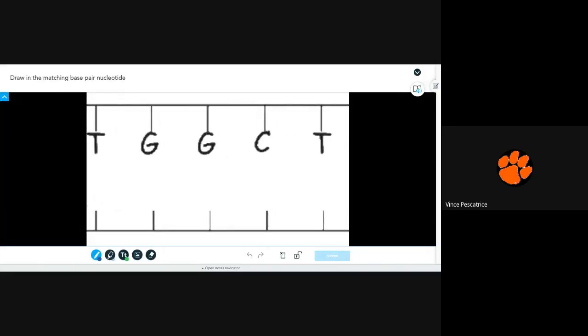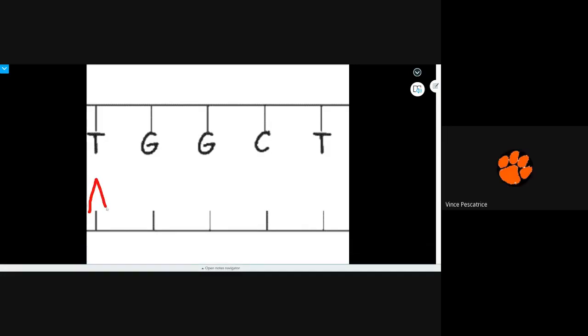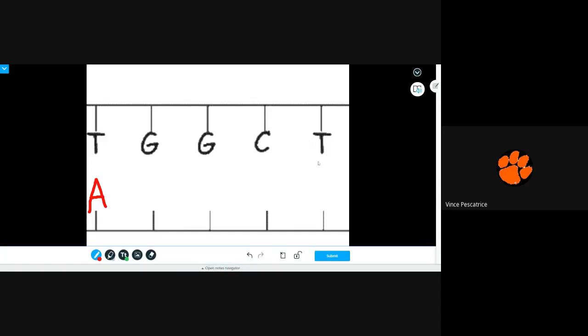What I want you to do is draw in the matching base pair. So I'm going to need someone to shout this out. What does T pair with? What letter? A. A, very good. So anywhere you see a T, you're going to draw an A. All right, so there's also a T here.